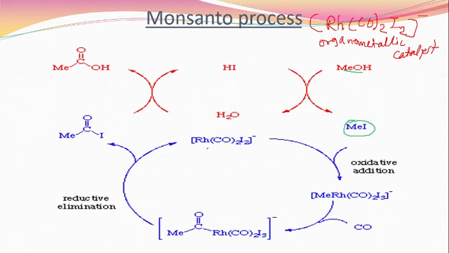This is our reactant, and there is a removal of a water molecule. Then this MeI undergoes oxidative addition, and we get MeRh(CO)2I3 minus.